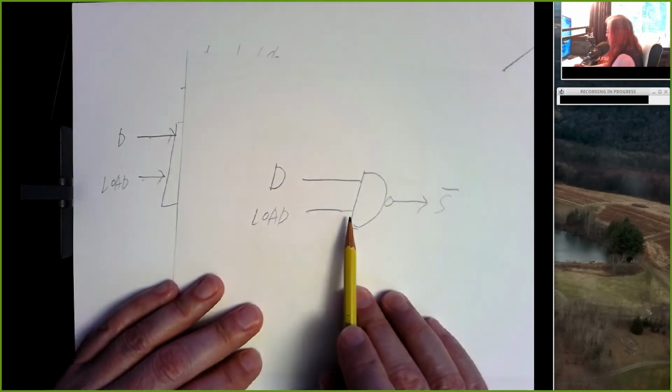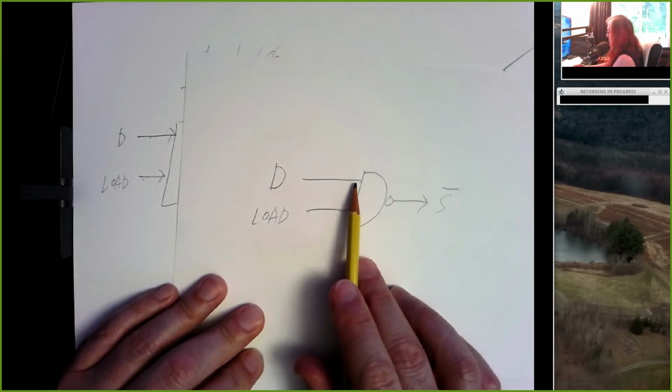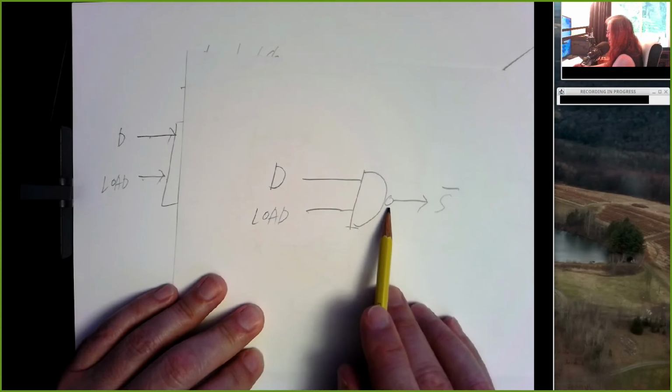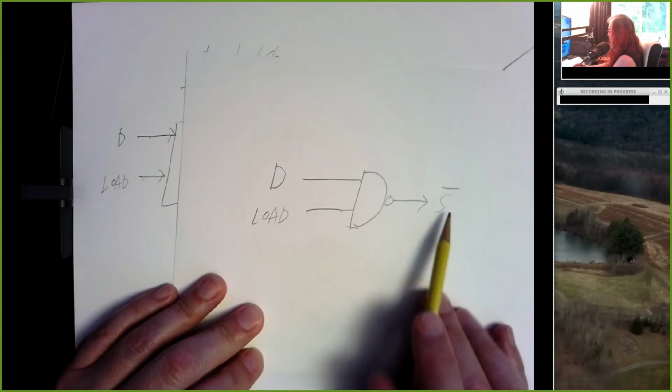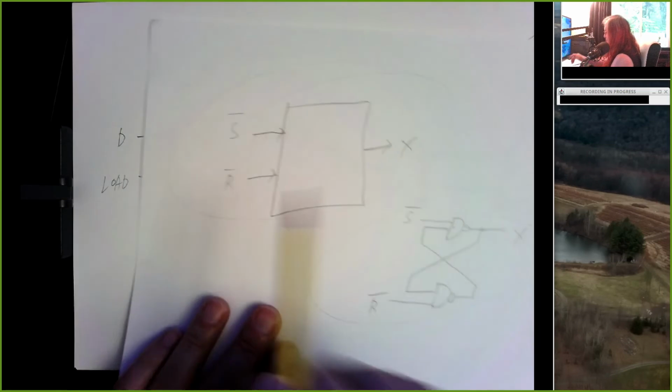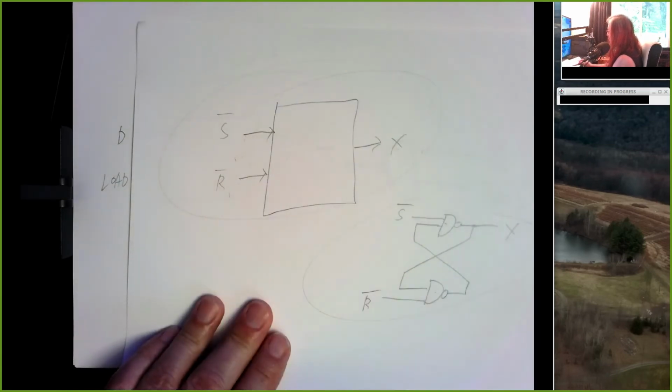And so if load is high and D is high, the output of this NAND gate will be a 0, and we'll connect that to this set input on our SR latch, and that will set the latch.